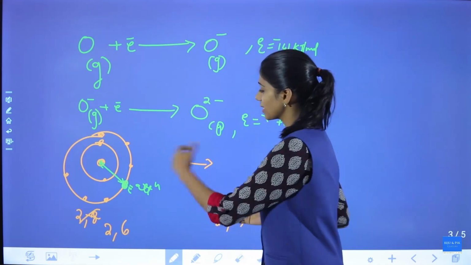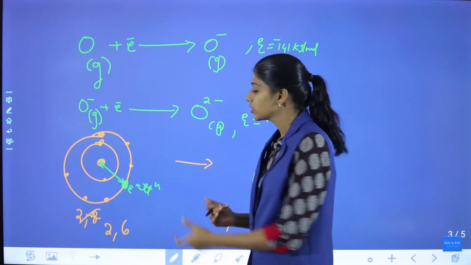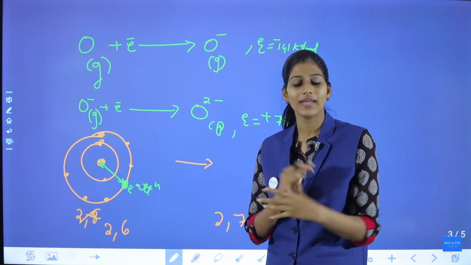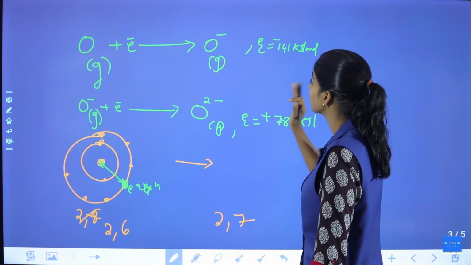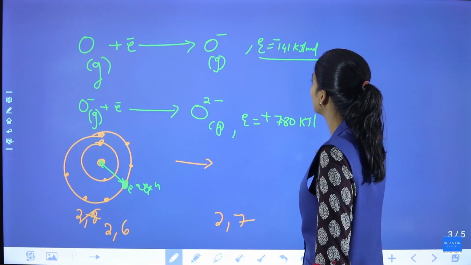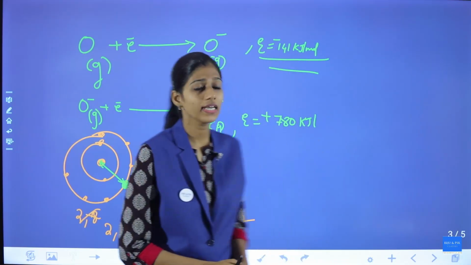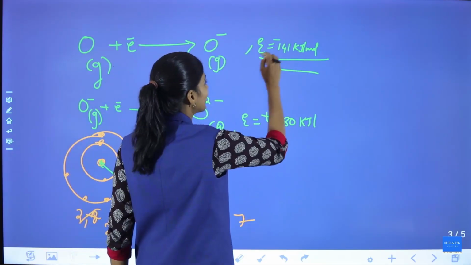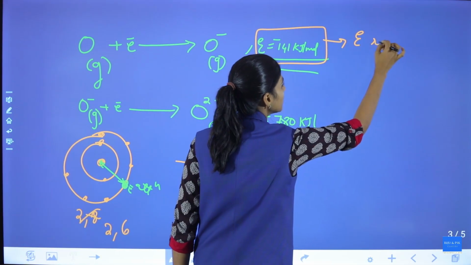Okay, so here it is attraction, so attraction always releases energy. So as a new bond or new attraction is formed, it releases energy, and that is the reason why the first energy is negative. That is why the energy is released.